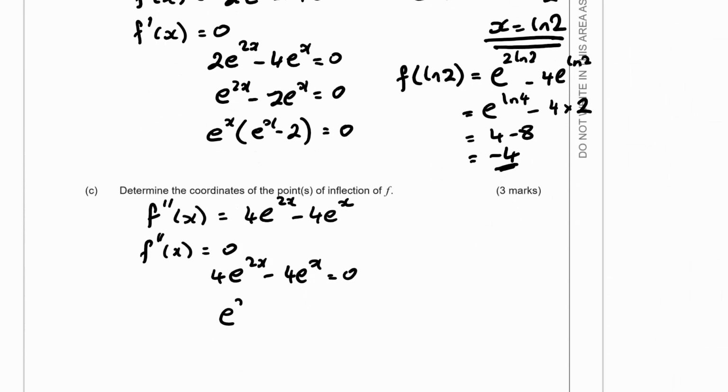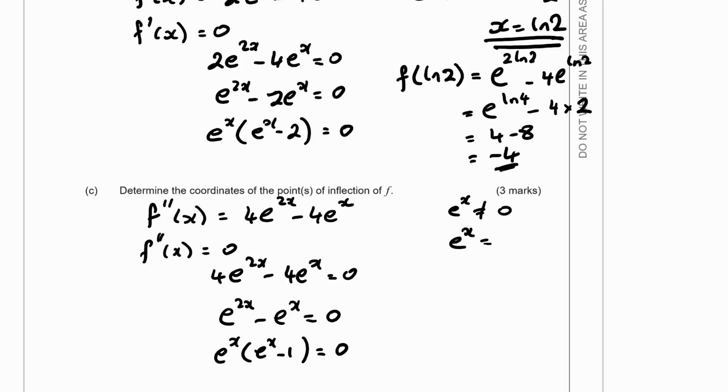And so e to the 2x take away e to the x equals 0. So e to the x times e to the x take 1 is equal to 0. And of course we know once again that e to the x cannot be 0. And so we have e to the x equals 1, which means that x is 0.